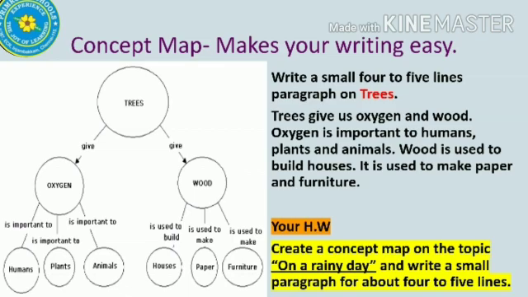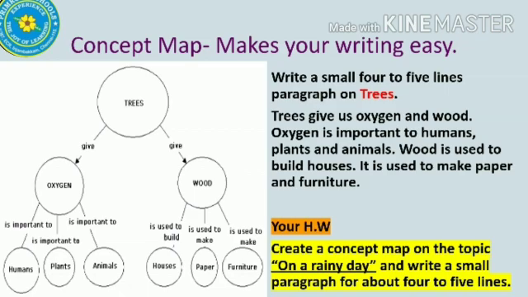Trees give us oxygen and wood. Oxygen is important to humans, plants, and animals. Wood is used to build houses. It is used to make paper and furniture. Did you see, children? Now it has become easier for us.